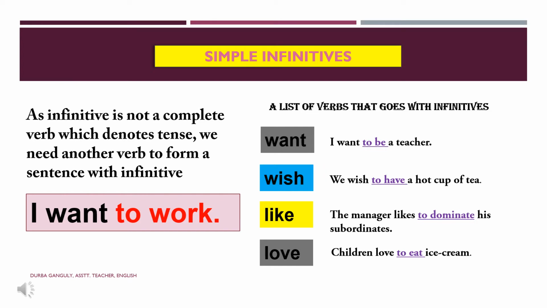Like: I like to go. Here, look at the sentence: The manager likes to dominate his subordinates. And love. Yes, often we see love is used with the infinitive forms of verbs, like: Children love to eat ice cream. So you need a verb before infinitives.